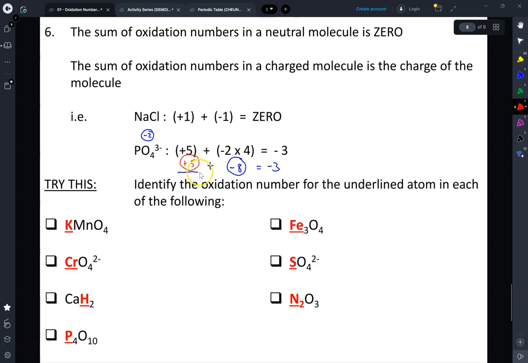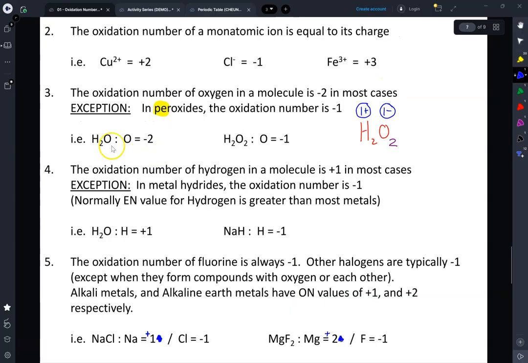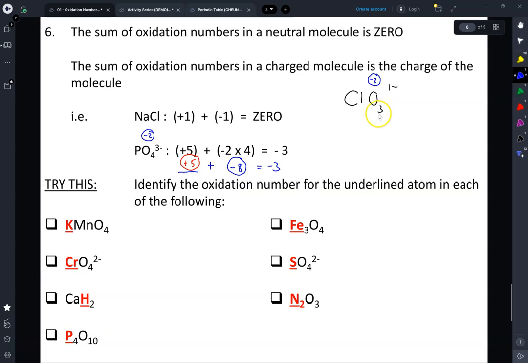Looking at this example, we know that oxygen is almost always a -2 unless it's a peroxide. So I'm going to write -2 at the top, and that's all due to rule number 3. And because there are 3 oxygens, 3 times -2 equals -6. Now, according to rule number 6, the sum of these oxidation numbers must add up to the valence charge.